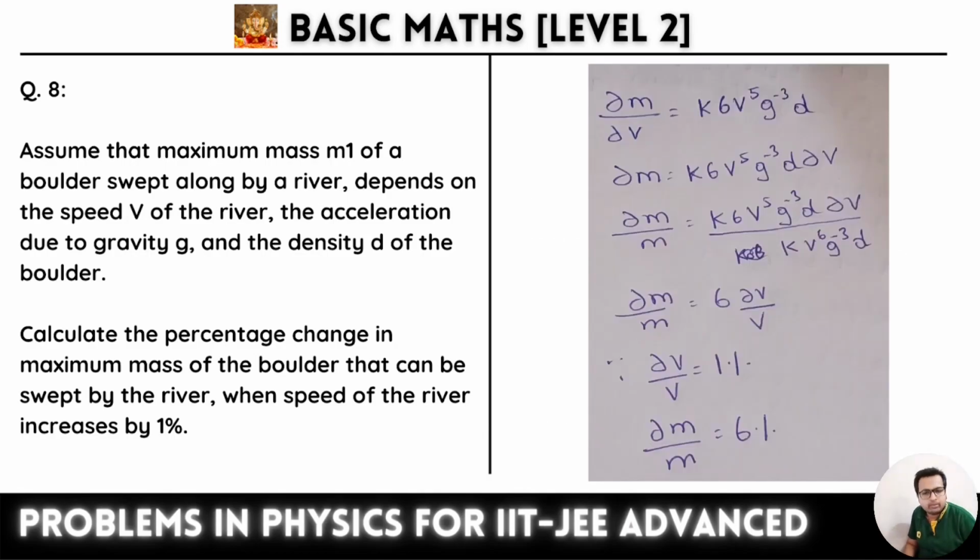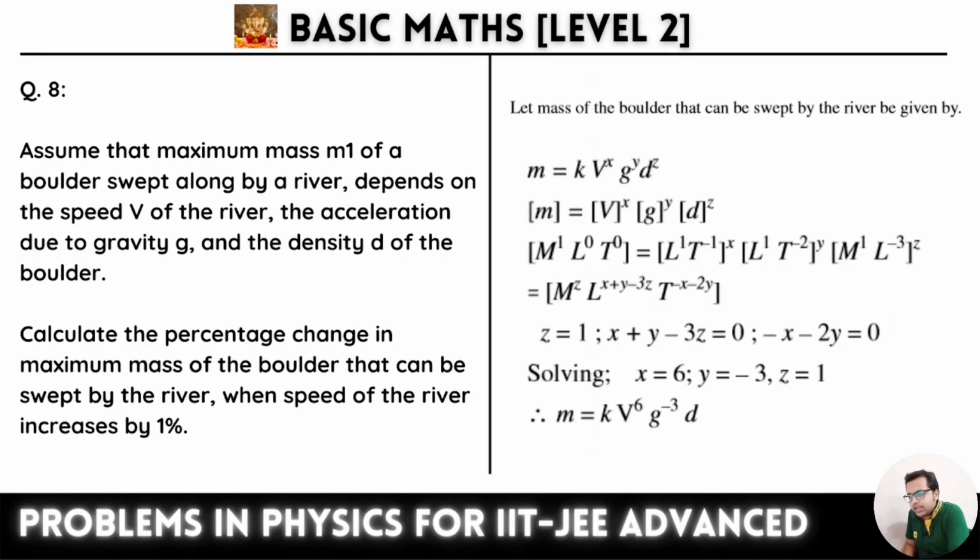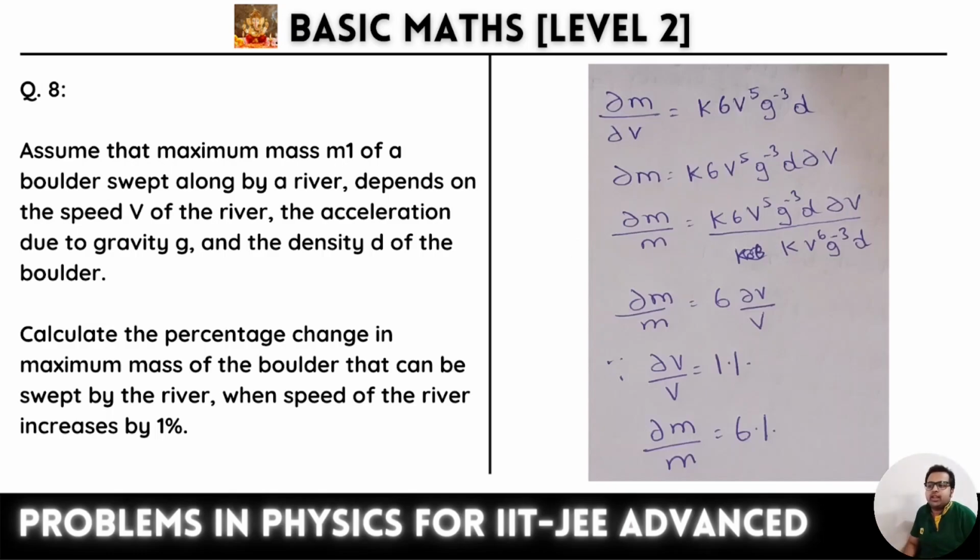So when we do delta m by delta v, we get k, which is constant, v^6 will become 6v^5, and g^-3 d. So we are assuming g and d to be constant. So we get k 6 v^5 g^-3 d. So delta m will be k 6 v^5 g^-3 d delta v, because we are taking delta v to the other side.